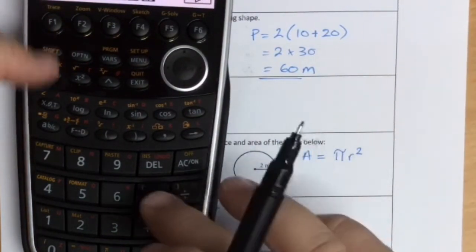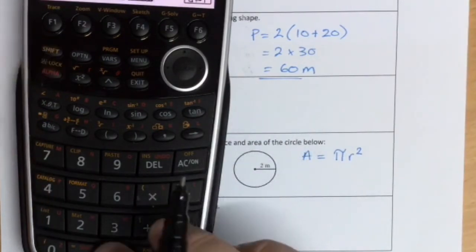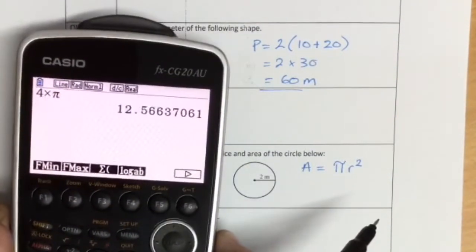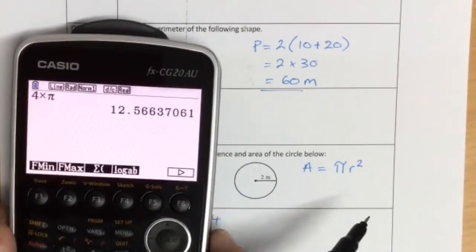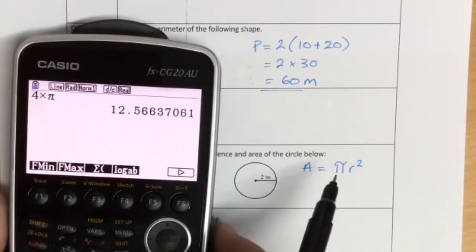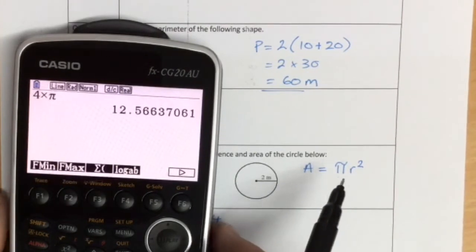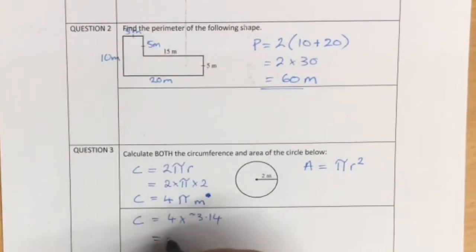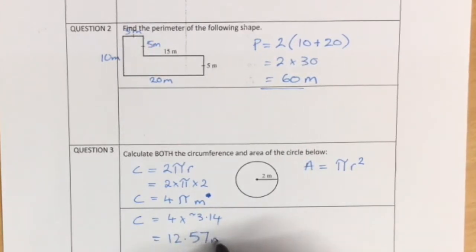In this case, we've got to do 4 times pi, and our answer is going to be 12.57. Two decimal places is fine. Now, remembering our units, this is just meters. This is the distance around the outside.